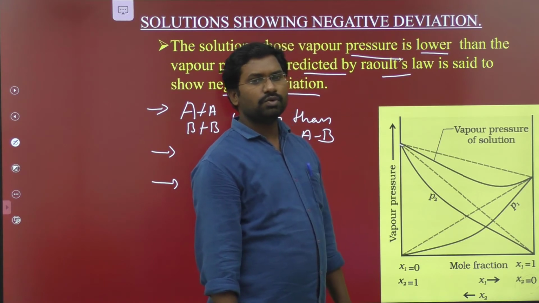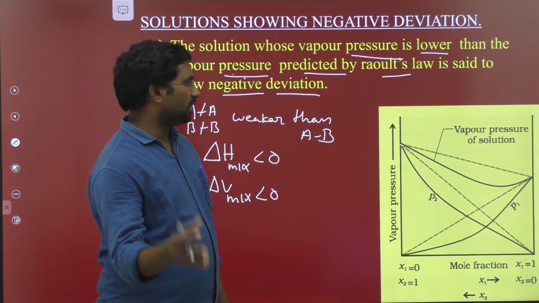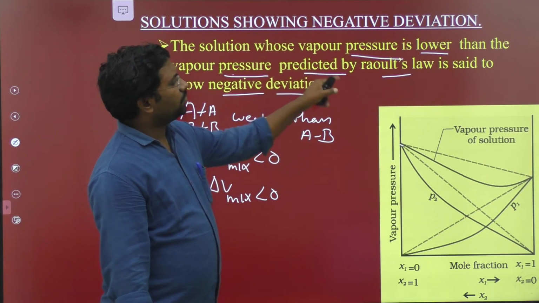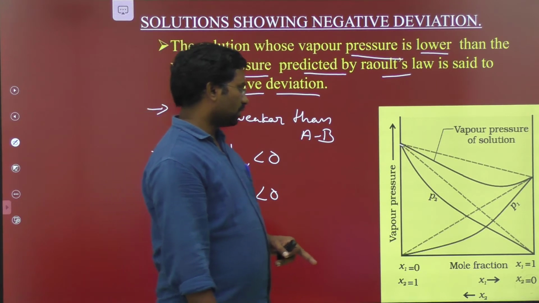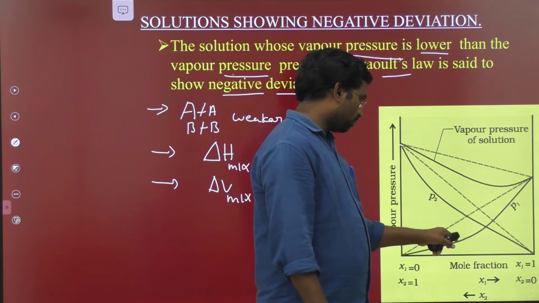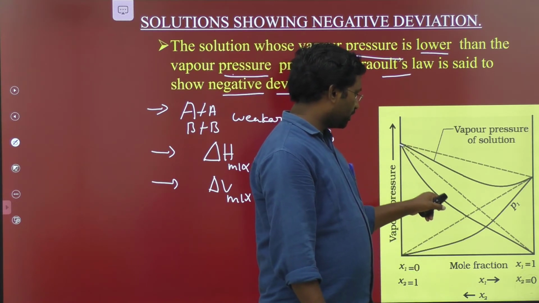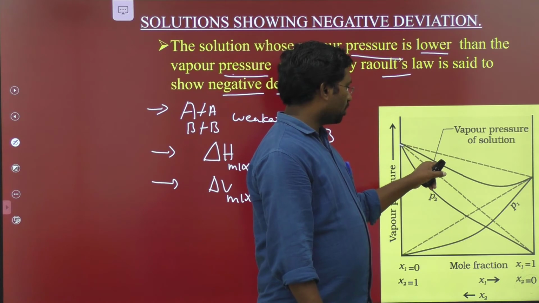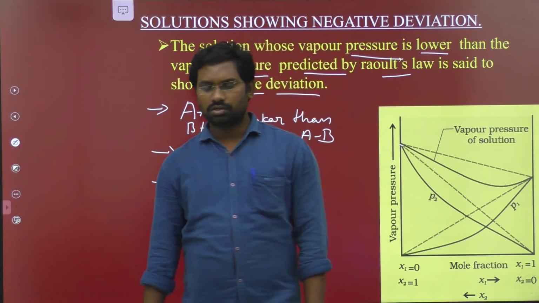In the case of negative deviation, the solution vapor pressure is very low. Therefore, the vapor pressure of the solution is lower than that predicted by Raoult's law. That's why we draw a downward curve: this is the downward curve for component 1, this is the downward curve for component 2, and this is the downward curve for the resulting vapor pressure of the solution.